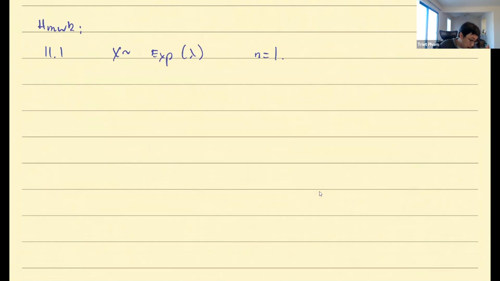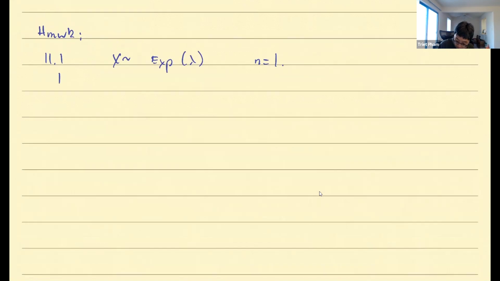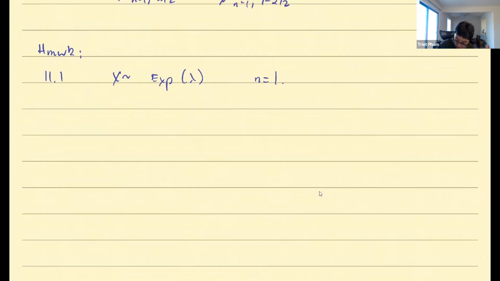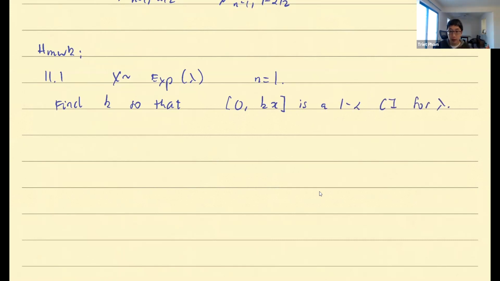They ask you to find k so that, the book has a very strange language, 0 to kX is a 1 minus alpha confidence interval for lambda. They call it theta anyway, doesn't matter.